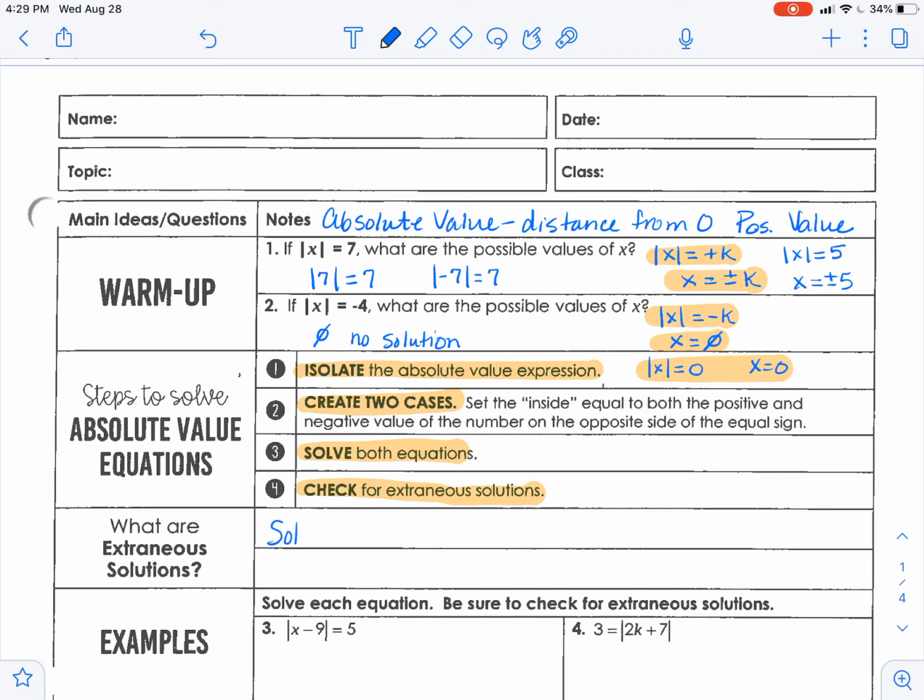I'm going to say that it is a solution you get when you solve the absolute value equation, but when you check, it does not work.